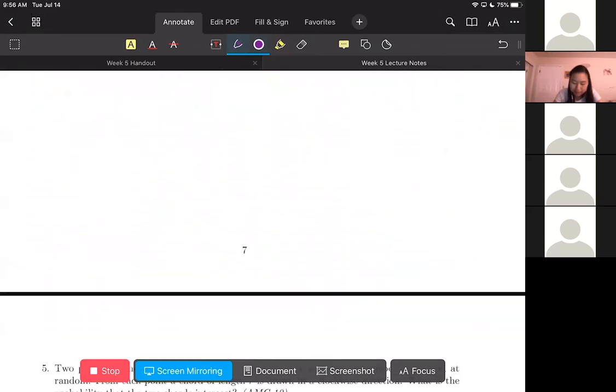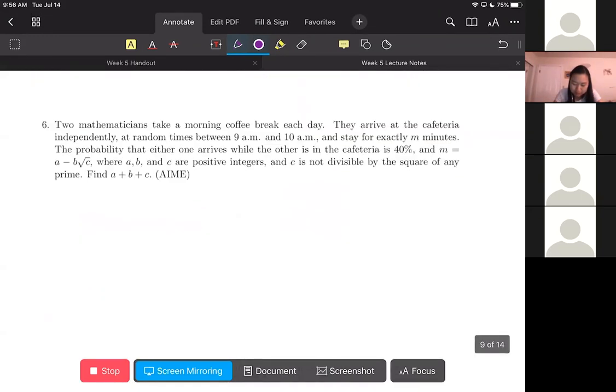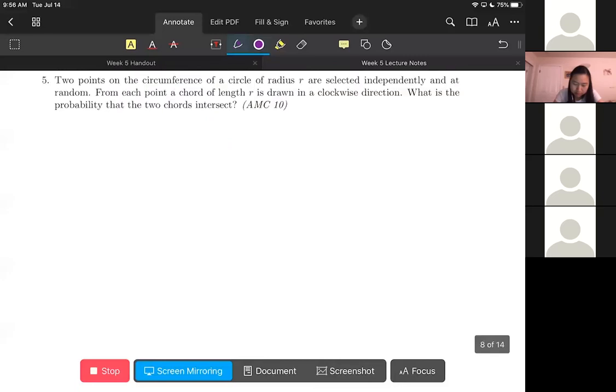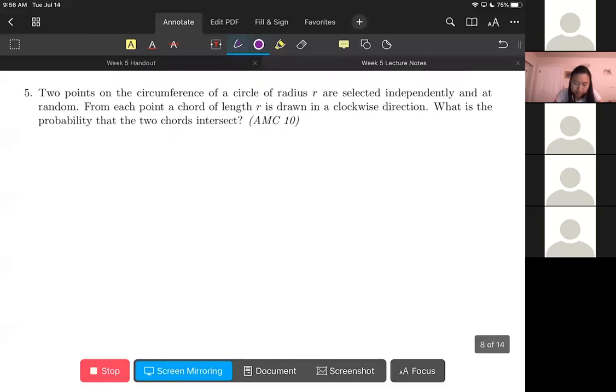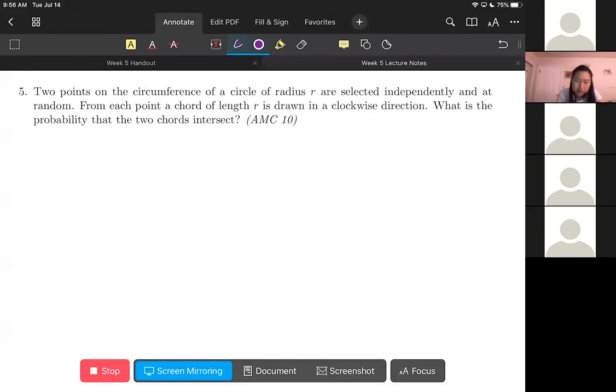All right, I think we have time to do one more. Let's do this one. It says two points on the circumference of a circle of radius r are selected independently and at random. From each point, a chord of length r is drawn in a clockwise direction. What is the probability that the two chords intersect?